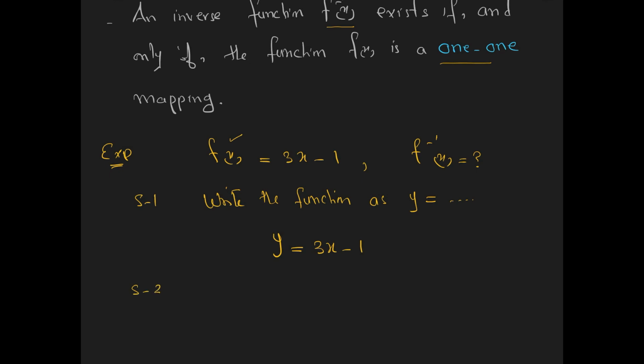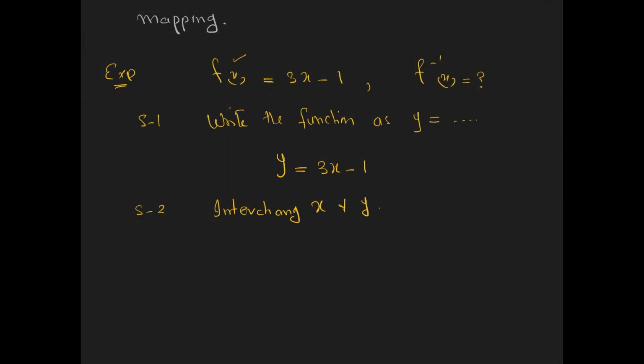In the second step, we will interchange x and y variables. So y is replaced by x and x is replaced by y. So our function becomes x is equal to 3y minus 1.